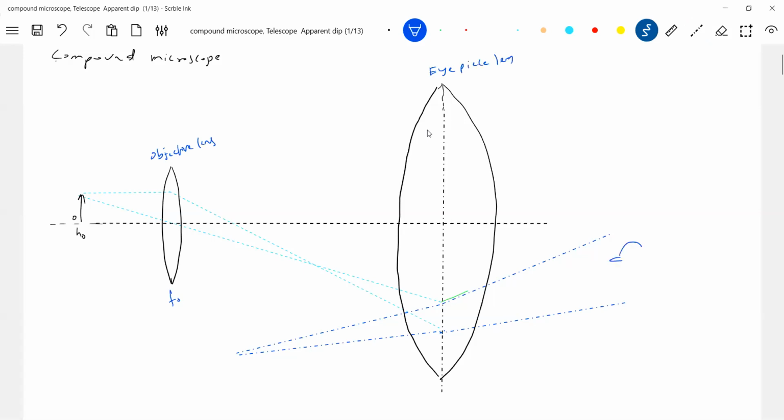This is the eye. The person who is viewing is what I'm showing here, this one. This is a human eye. So the rays, first they'll come here.